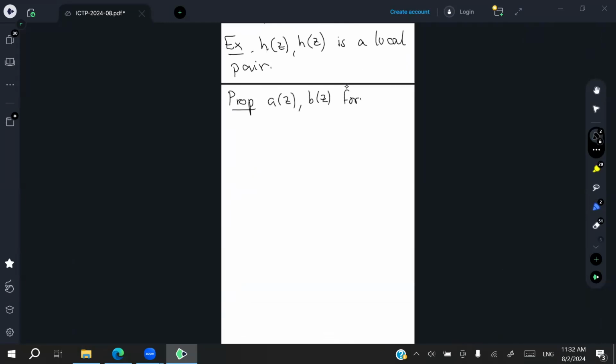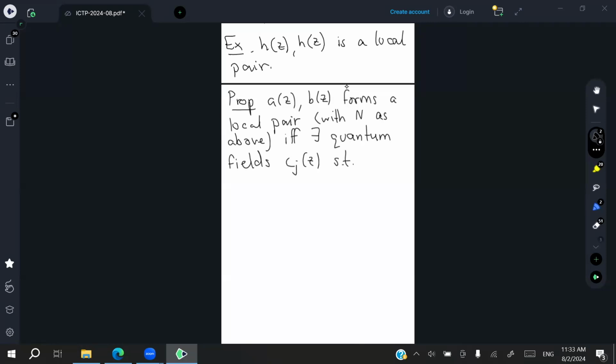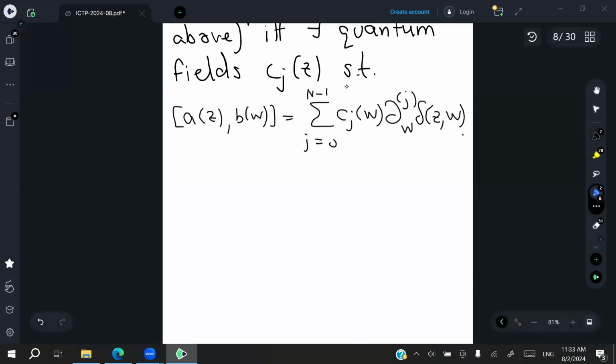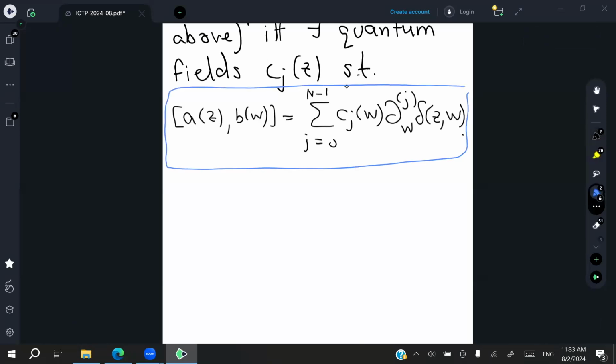A(z), B(z) forms a local pair with n as above if and only if there exist some other quantum fields, c_j(z), such that the commutator [A(z), B(w)] is given by a sum from 0 to n minus 1 of c_j(w) times various derivatives of the delta function. Okay.